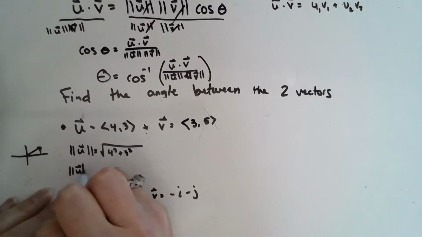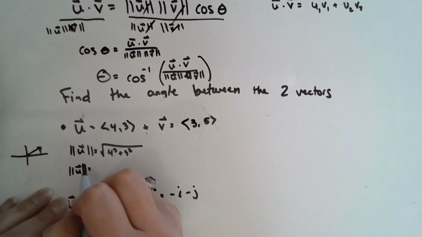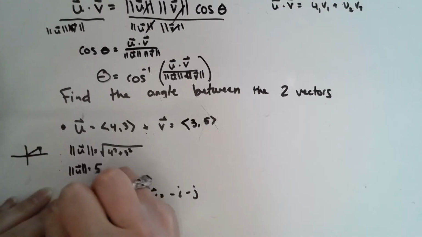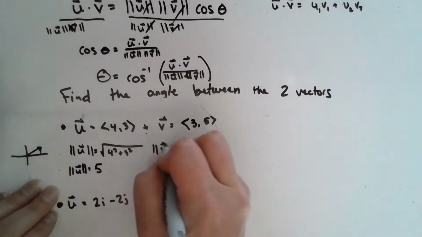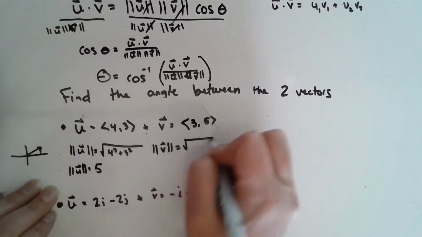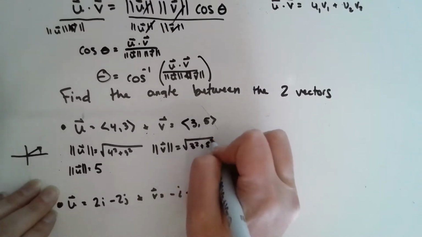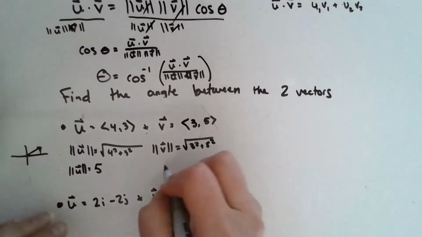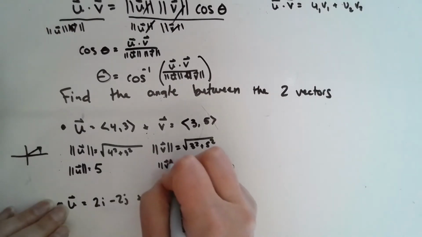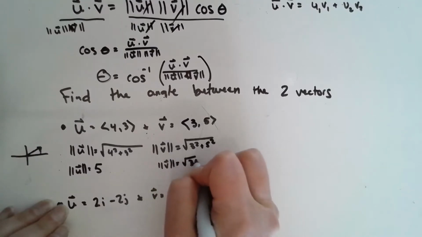So the magnitude of u gives me 5, a Pythagorean triple. Let's look at the magnitude of v. So 3 squared plus 5 squared, 9 plus 25, so that one's going to be the square root of 34.